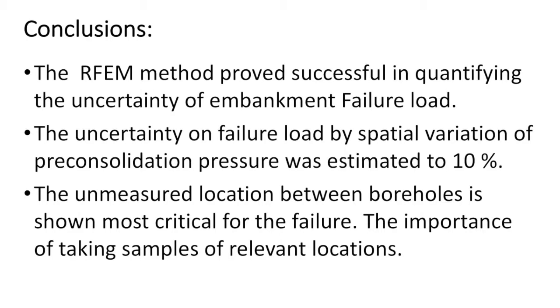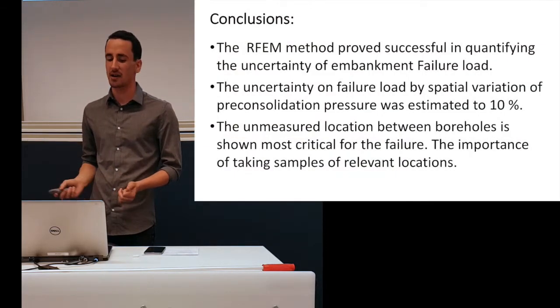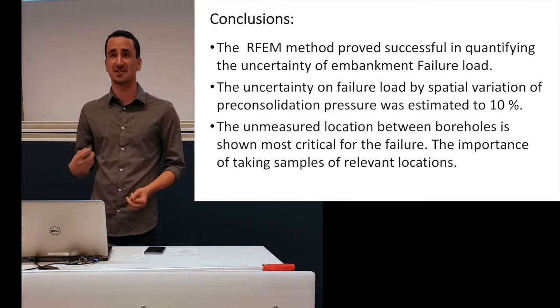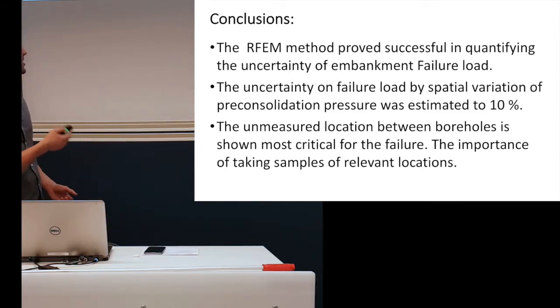So let's have some conclusions. First of all, the method was proven successful in quantifying the uncertainties. So you could actually get an amount of certainty in the result, or variability in the design. And the uncertainty of, for instance, the failure load was estimated to be about 10%, only due to the preconsolidation pressure.